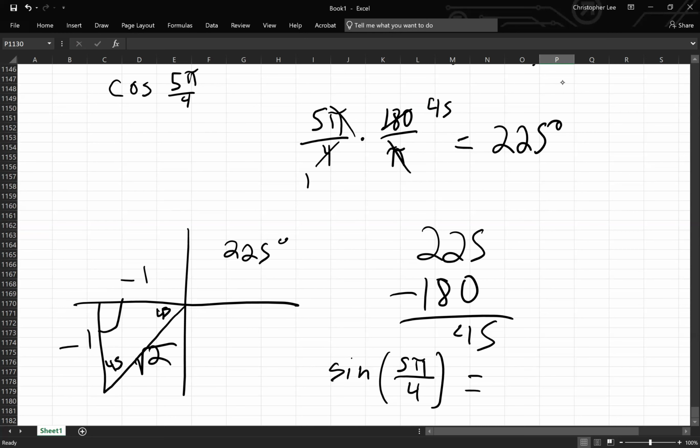Sorry, so this would be like sine of 45 degrees. Right? Sine is opposite over hypotenuse. This would be -1 over square root 2.